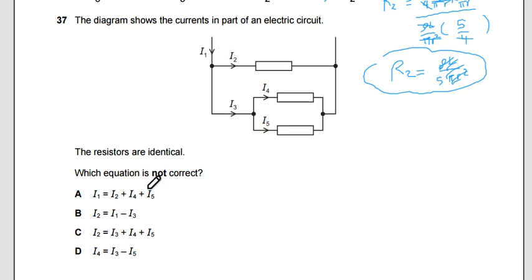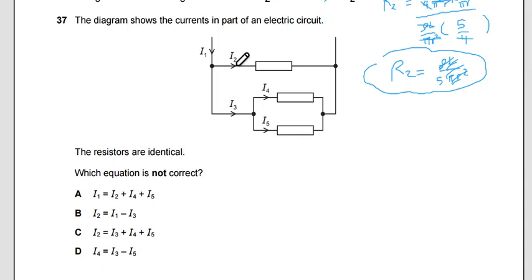I1 equals I2 plus I4 and I5. This is correct because it enters this point, and what is leaving is I2 and I3, which is I4 and I5. I2 equals I1 minus I3.